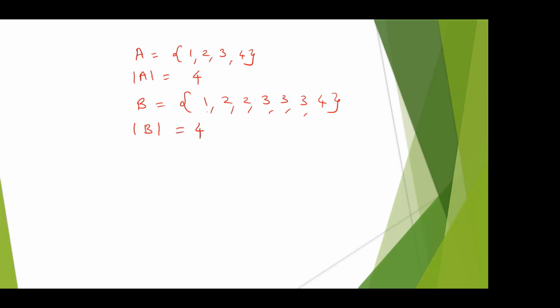Although if we count individually, there appear to be 1, 2, 3, 4, 5, 6, 7 members, 2 is appearing twice, 3 is appearing twice. Distinct elements are 4, so the cardinality of B is also 4. So we'll disregard if the same element appears twice or thrice. This is exactly the same as saying we have 1, 2, 3, 4, or it is the same set as set A.